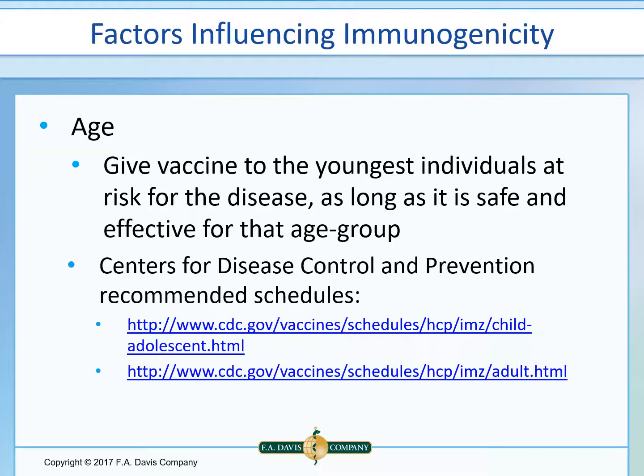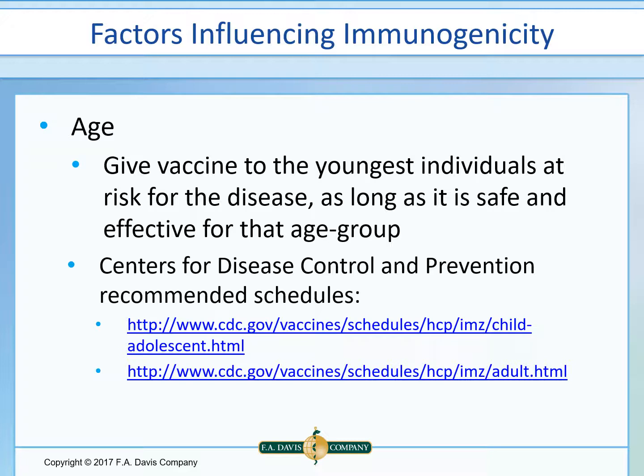Recommendations for the age at which a vaccine should be routinely administered are based on age-specific risks for contracting the disease and developing complications, along with the age-related ability to respond to the vaccine. Typically, vaccines are given to the youngest individuals at risk for a disease, as long as it is safe and effective for that age group.